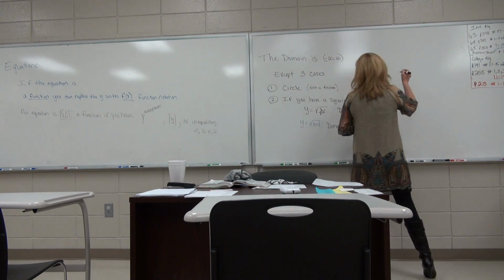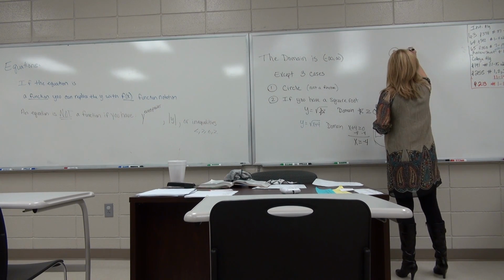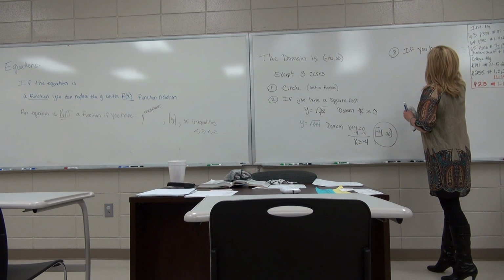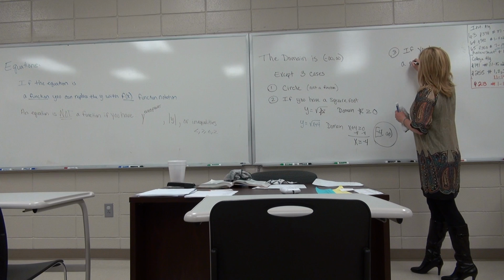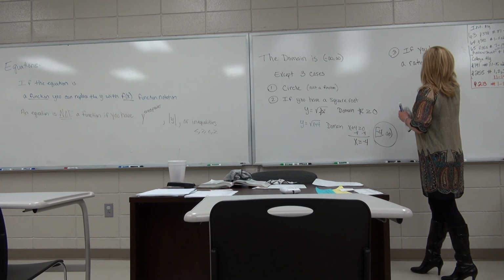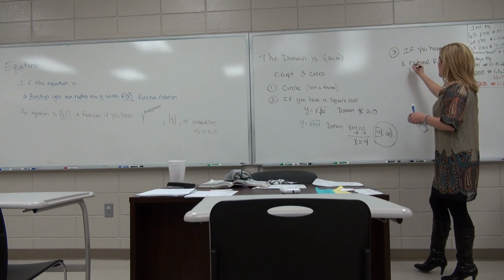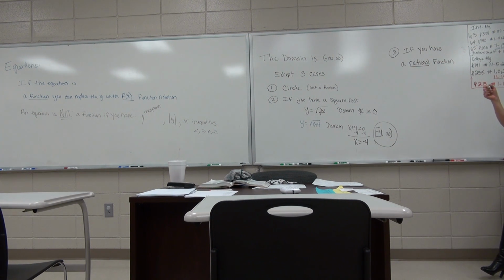Okay. The next case is if you have a rational function. If you have a rational function, the domain's not going to be all real numbers. Because what's a rational? A fraction. And what can you never divide by? 0.